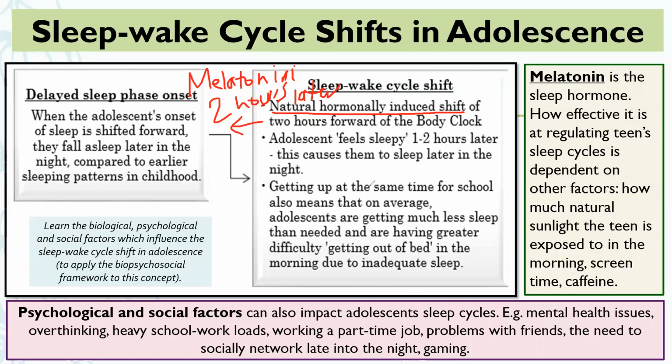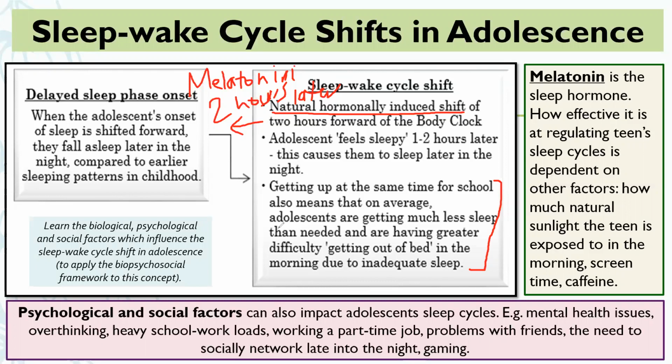There's been a lot of debate around schools starting later for high school students, and that is actually rooted in this particular concept that adolescents' melatonin is released about 2 hours later than children's, and so they end up sleeping later and waking up later. Essentially, that's what the sleep-wake cycle shift is about.